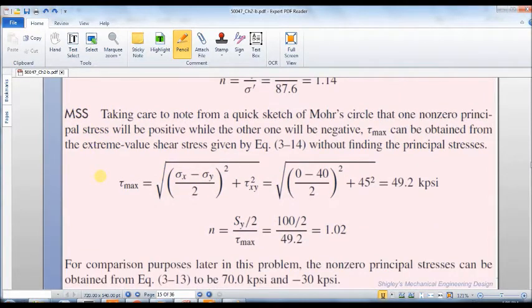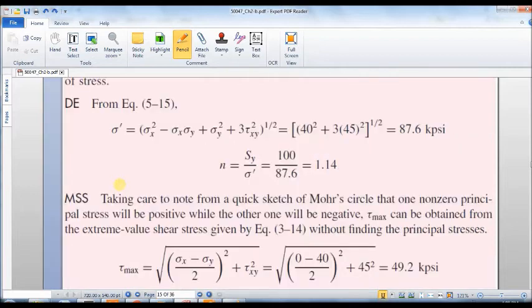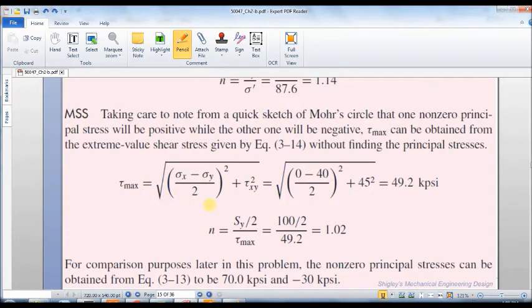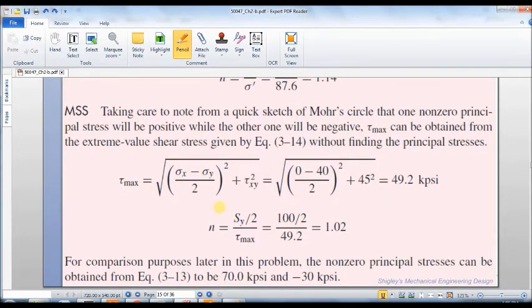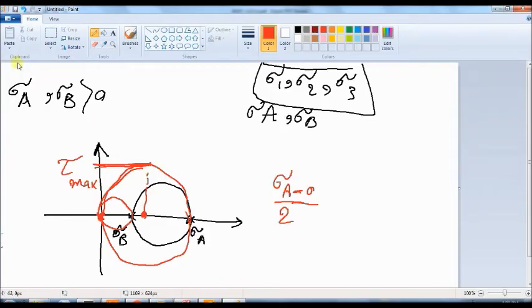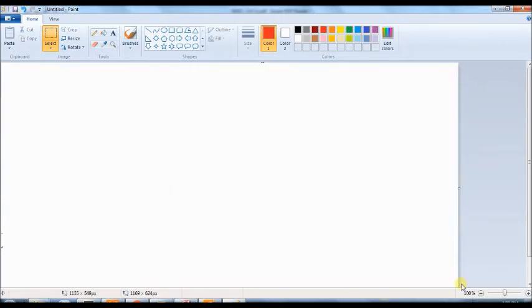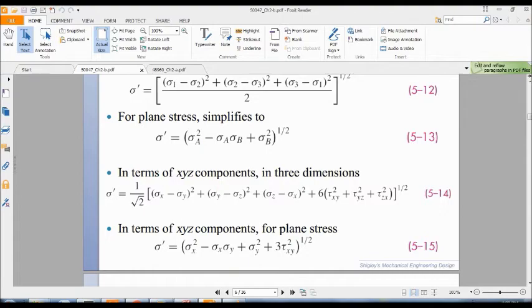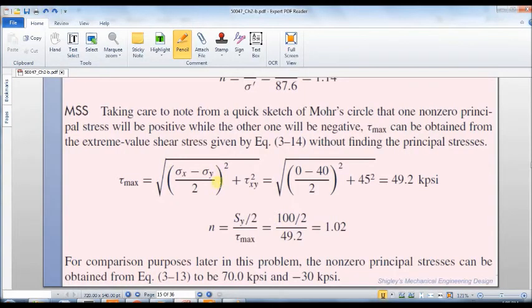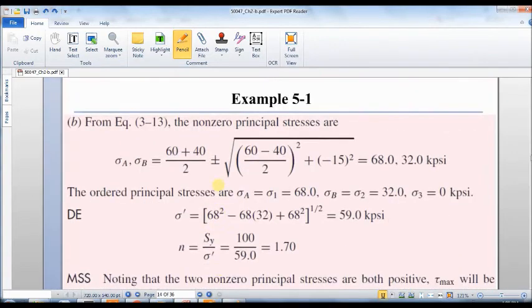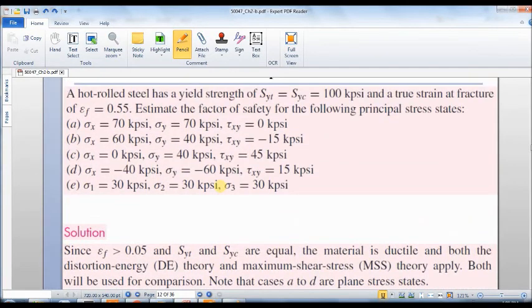And next, we can find the maximum shear stress. Let me draw this state of stress here, because this is a special case. Again, you can use the Mohr's circle theory to find principal stress, but because this is a special case, maybe you can use this shortcut.